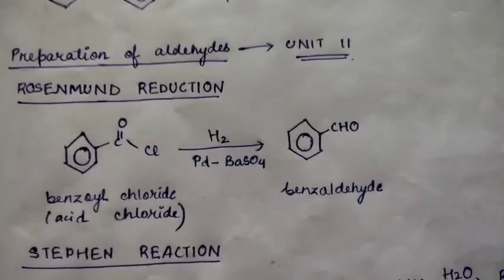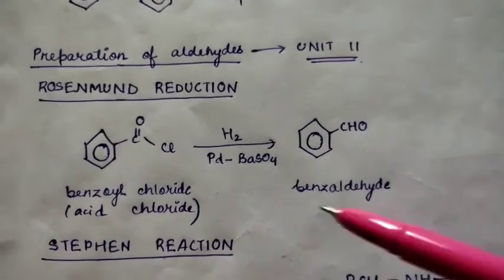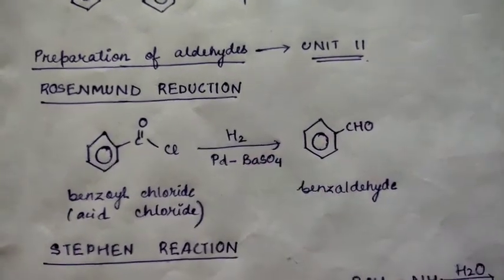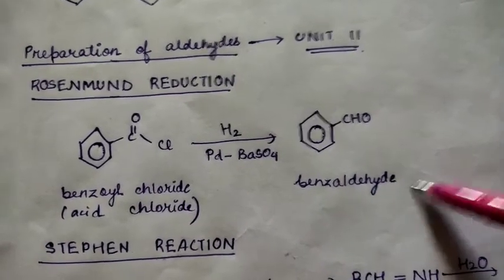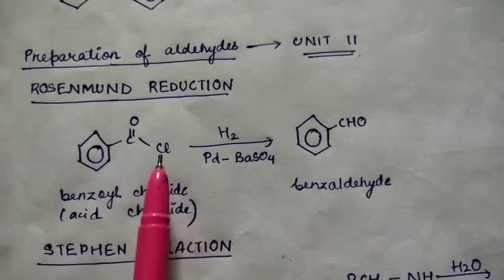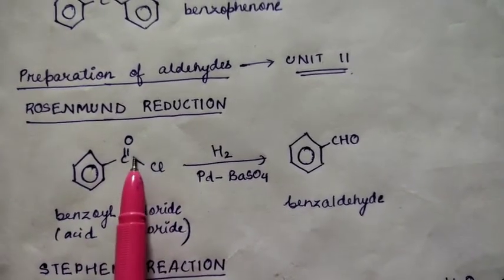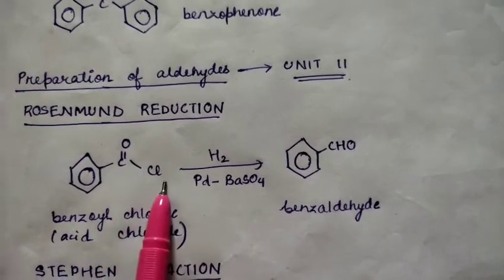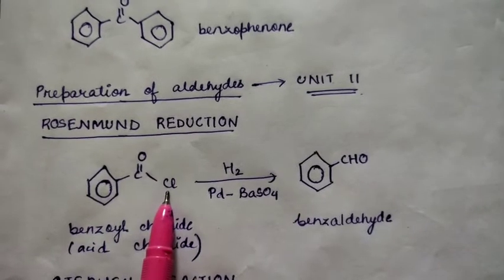When benzoyl chloride is passed through hydrogen gas in presence of palladium on barium sulfate, so these are the catalysts used in the reaction, this will yield us benzaldehyde. So this Cl is again replaced by hydrogen, so C double bond O H. First of all, from the benzoic acid, OH is replaced by Cl.